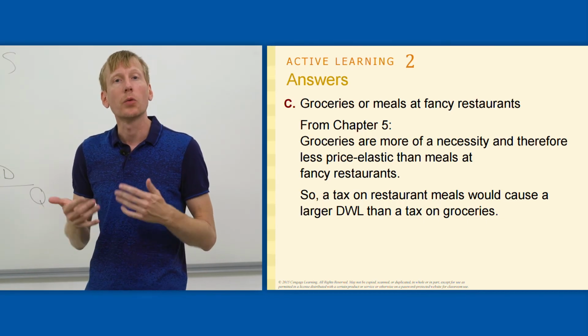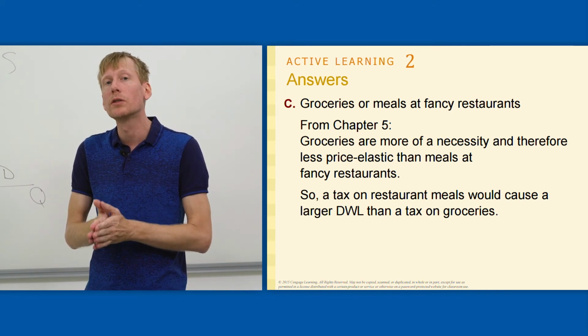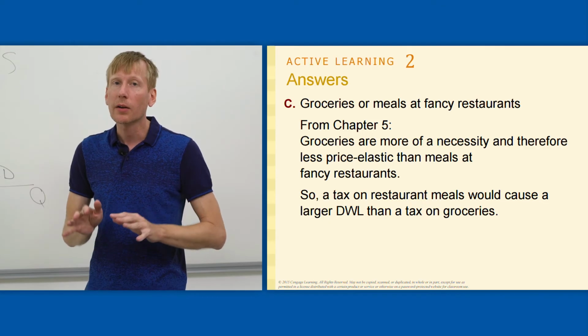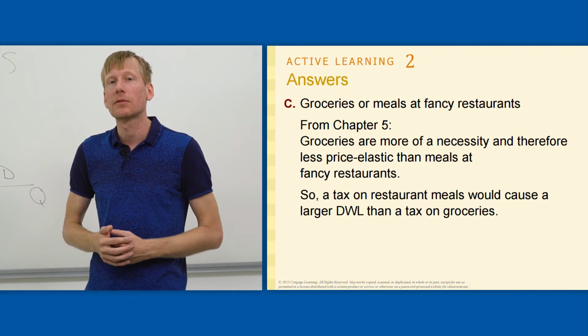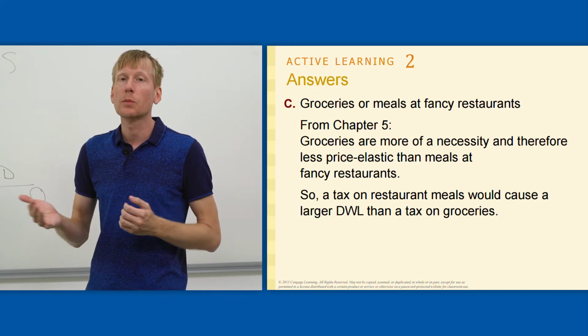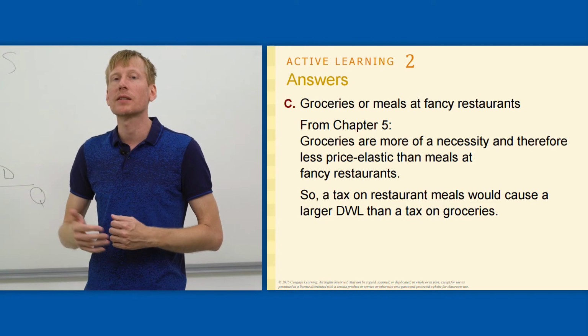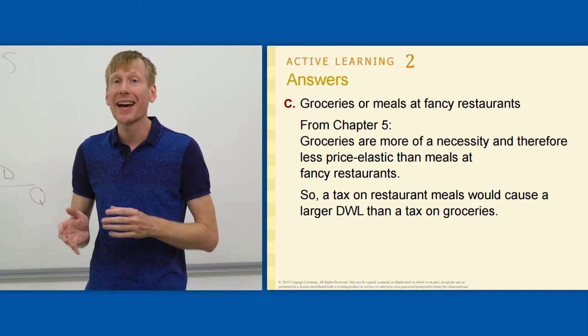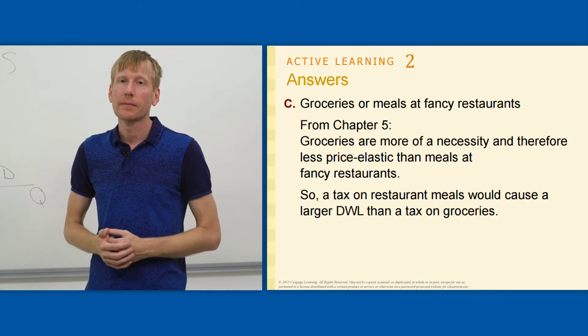The implication here, if we want to design our tax system specifically in order to reduce deadweight loss, to make our economy as efficient as it can be, given our need to raise tax revenues, the implication is that we should tax groceries instead of meals at fancy restaurants, or we should tax necessities instead of luxuries.